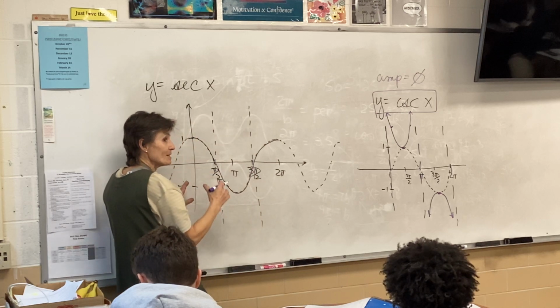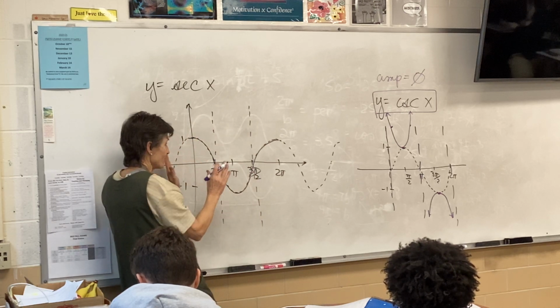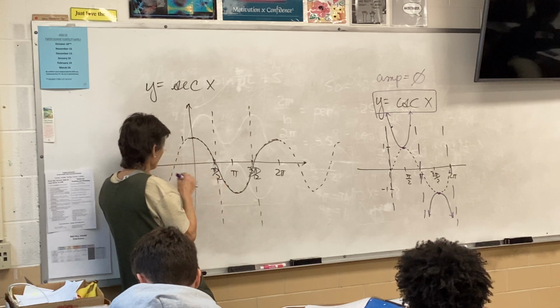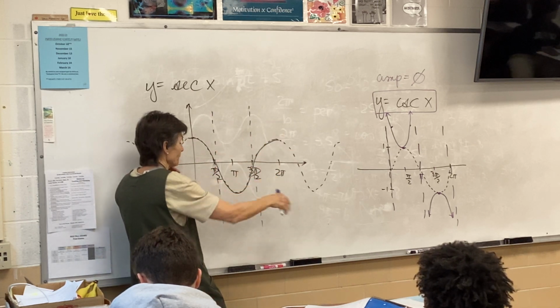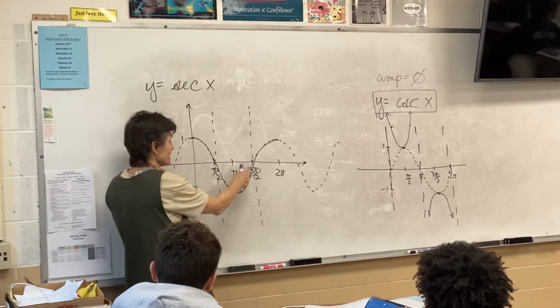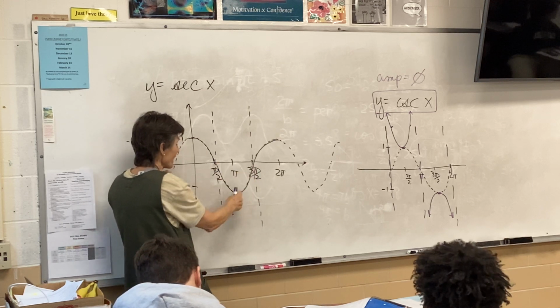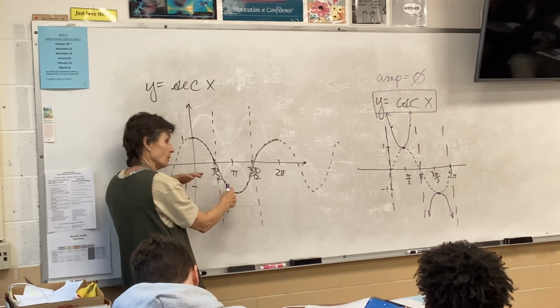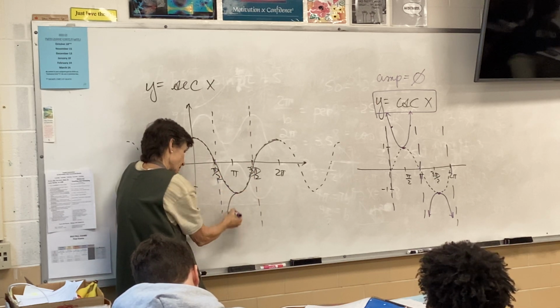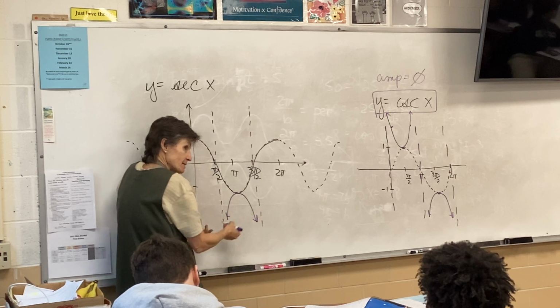Now, in the normal regular period, that's it. Will there be other asymptotes in the picture if I kept going? Yep. Now, this one's the easiest to see. What do you think's gonna happen between these two asymptotes here? When I do the reciprocal, isn't the parabola just gonna flip over like this?